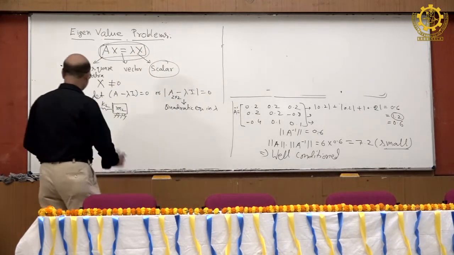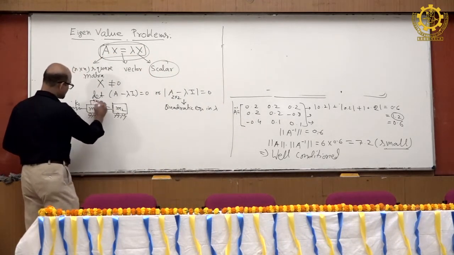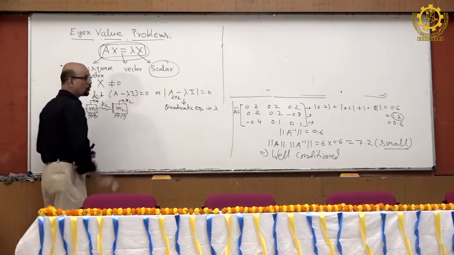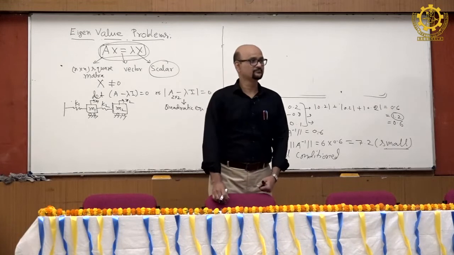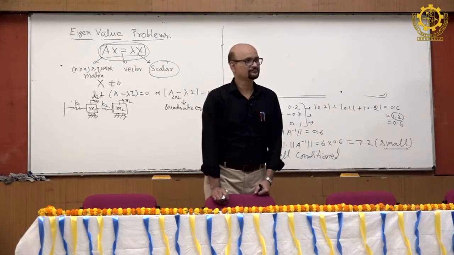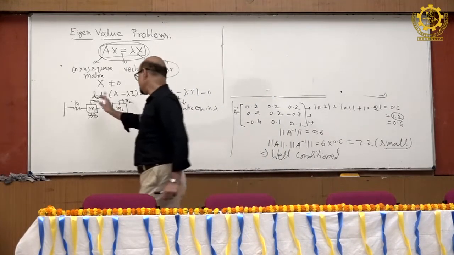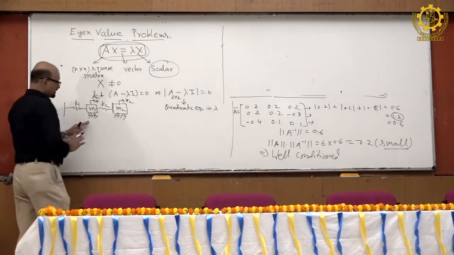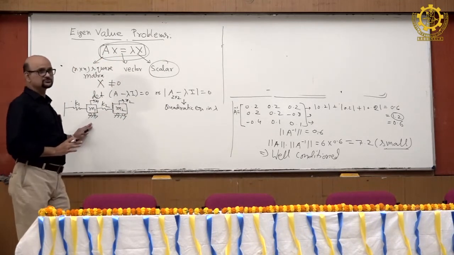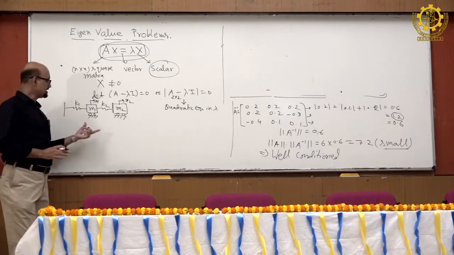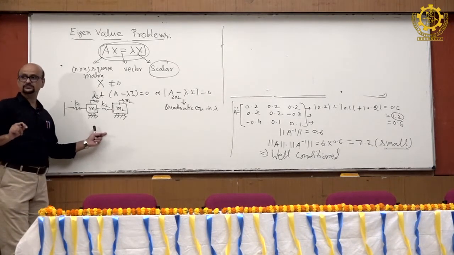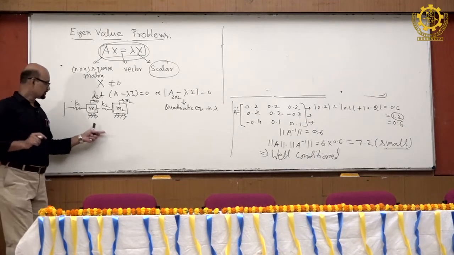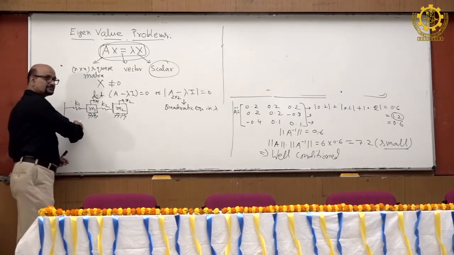If I take the degrees of freedom x 1 for this and x 2 for this, you wrote the differential equations, ODEs, if you remember. If I use Newton's laws of motion, you will get two coupled ordinary differential equations. You have read this in class 12 maybe.